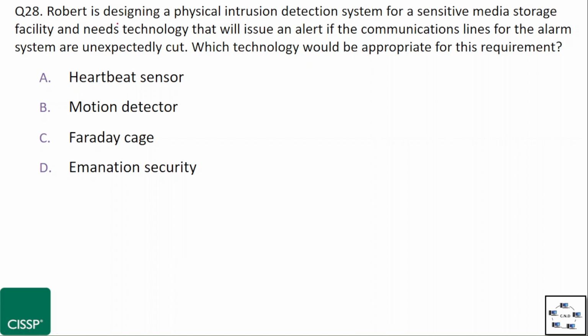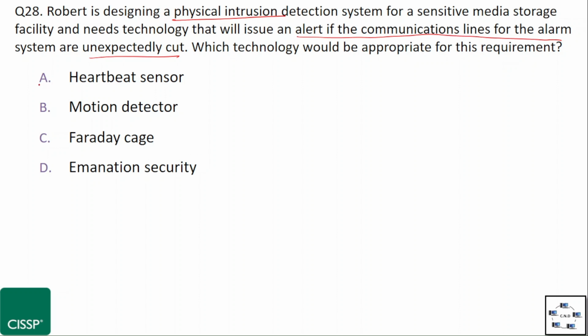Question number 28. Robert is designing a physical intrusion detection system for a sensitive media storage facility and needs technology that will issue an alert if communication lines of the alarm systems are unexpectedly cut. Which technology would be appropriate for this requirement?